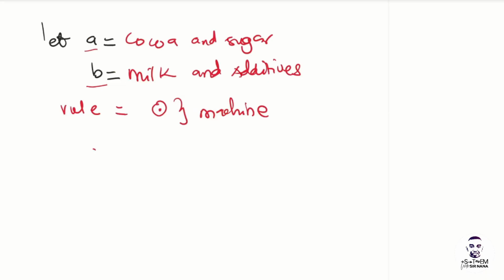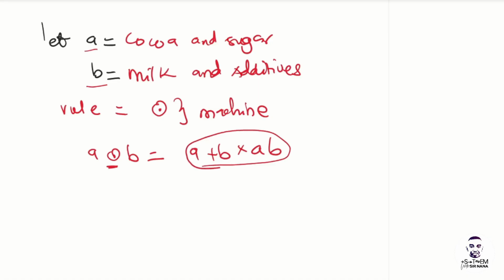So we can put A and then the operation and B together, and that produces, let's say, A plus B, or let's say multiply by A times B. So let's say this machine produces these kinds of combinations within it, so A plus B times AB would be a chocolate drink. Right.